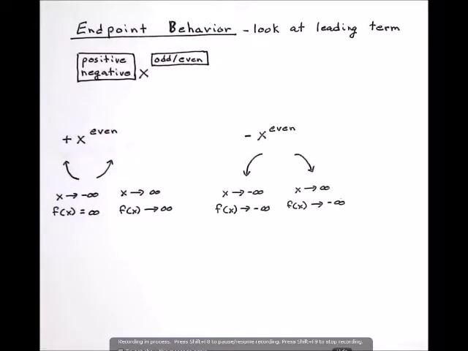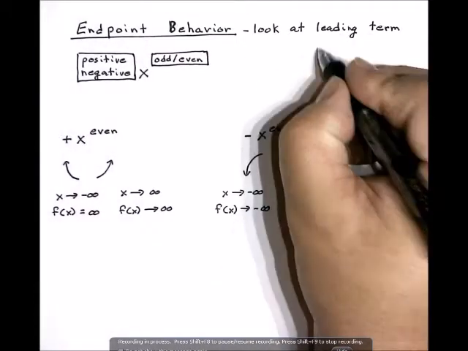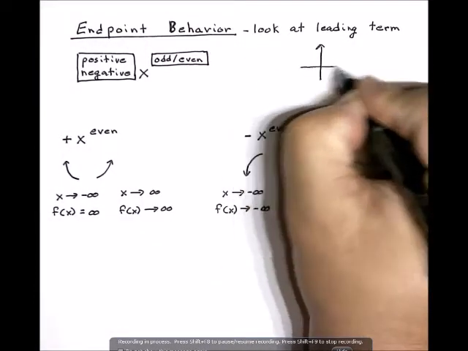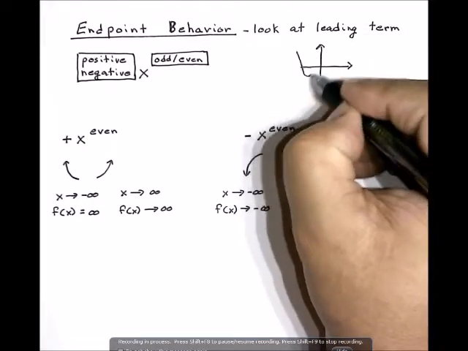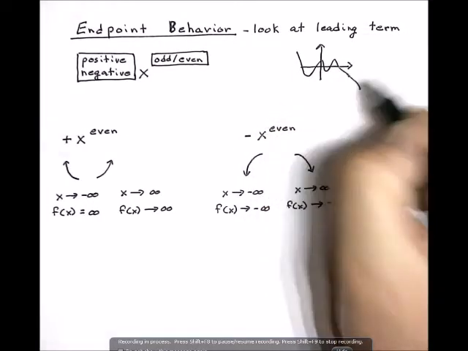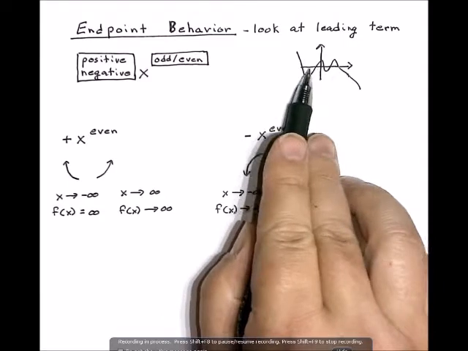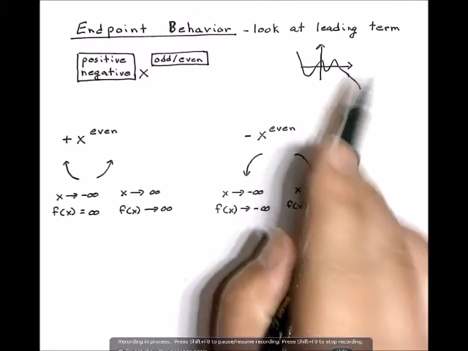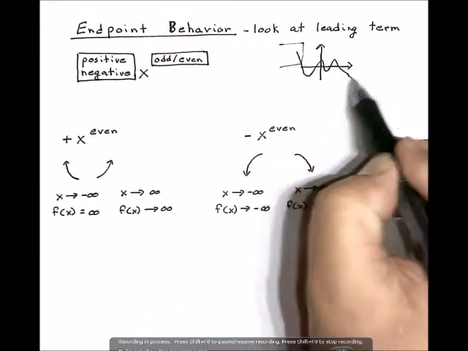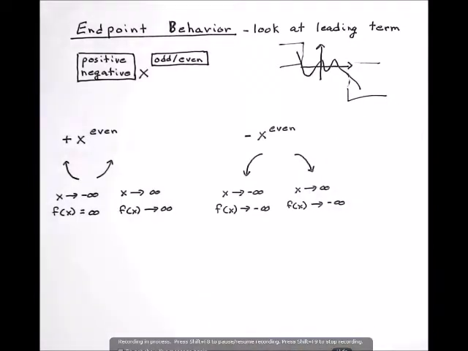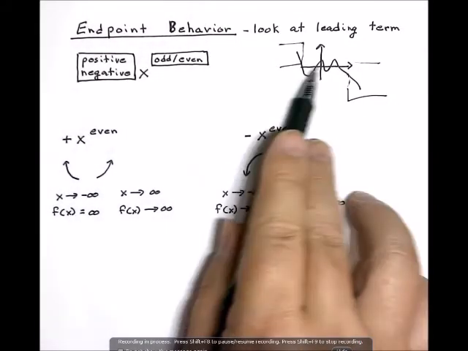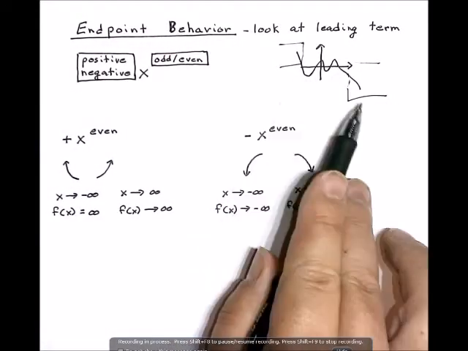Next, we're going to look at endpoint behavior. And endpoint behavior refers to what the polynomial does as it gets toward plus or minus infinity. In other words, I don't care what's going on close to the y-axis. I just care about what's going on out here and out here, when x approaches negative infinity and when x approaches infinity.